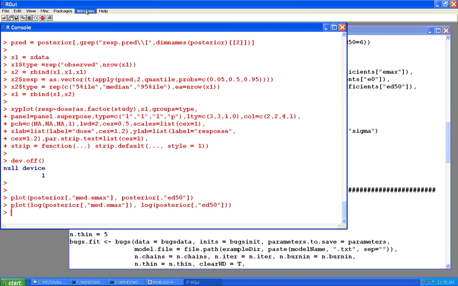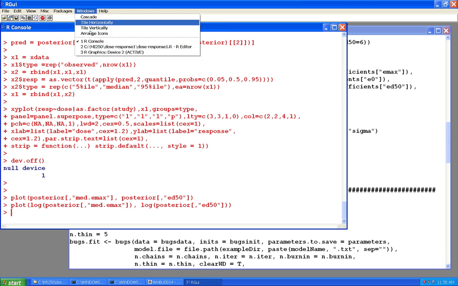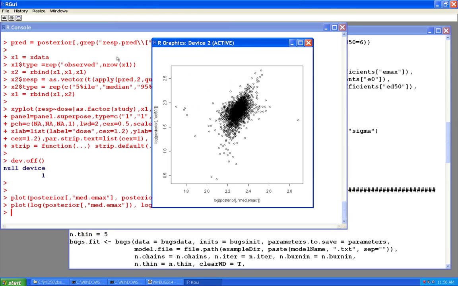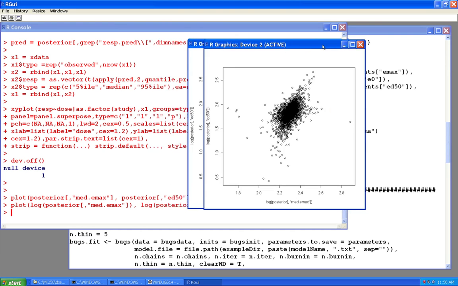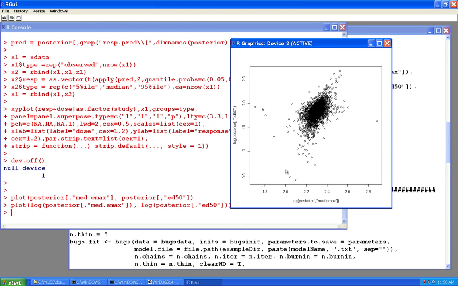Okay, yeah. It's a similar picture, but there is some correlation, though it's not as gross as I actually expected in this particular case. Probably maybe because the Emax model was better determined than I realized from the data that I was giving you here. But it can be an issue sometimes.